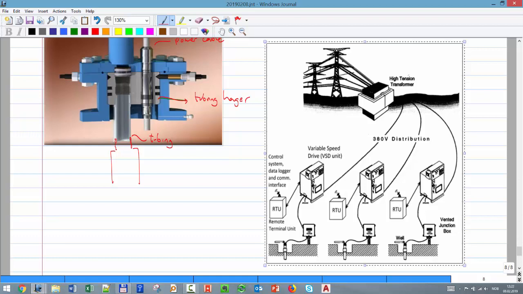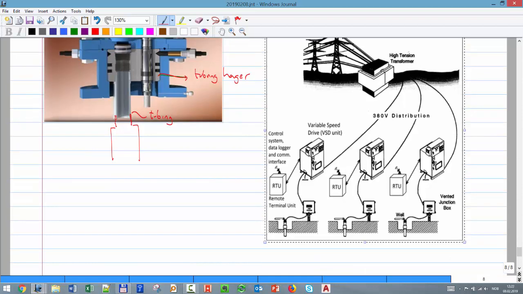If I have more voltage, does it go faster or slower? We don't have any electrical engineer here. I change not the voltage but the frequency. High frequency, more speed. Less frequency, less speed. So you change the frequency of the power such that you can change the rotational speed of the pump.